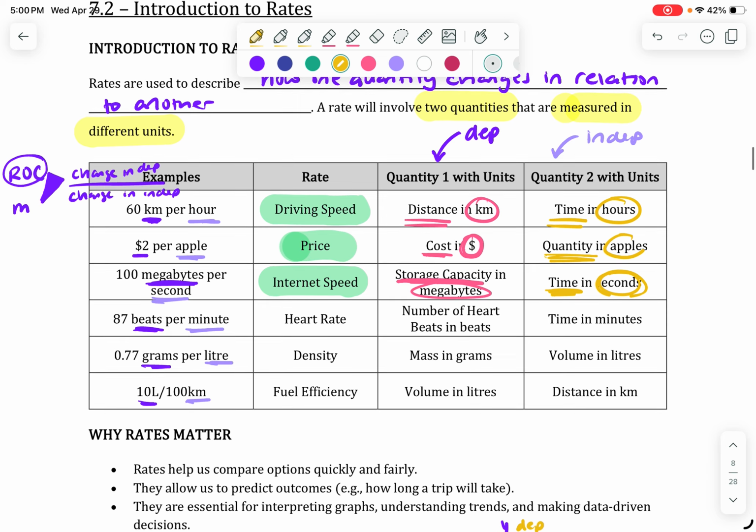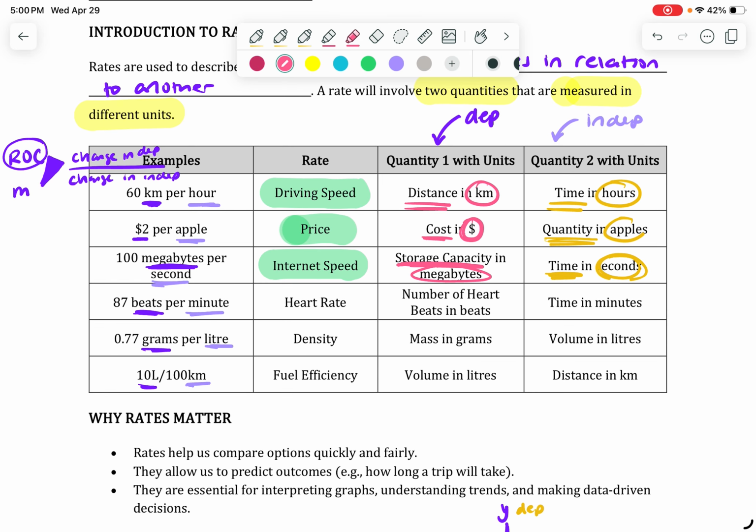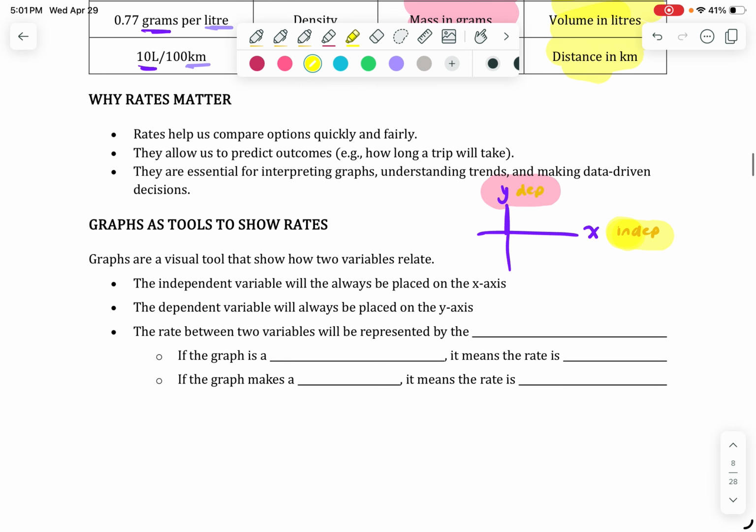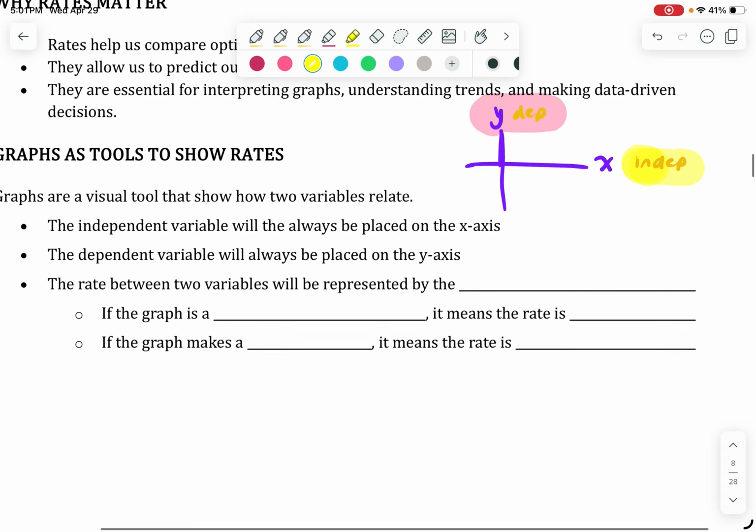So when we were just talking about this graph over here, this change would go here, and this change would be graphed there. Our variables, based on our rate, go in very specific locations. It is not a free-for-all. It is not a mix and match. The rate between two variables will be represented by the slope of the graph.